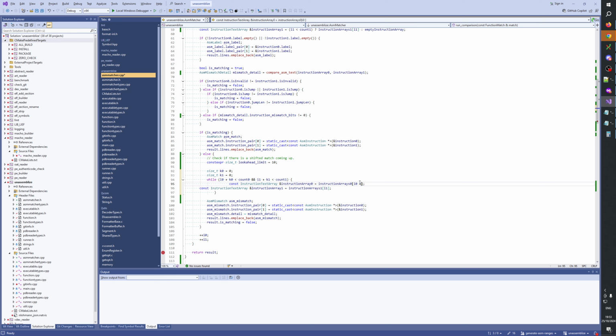Oof, this is getting complicated here. Okay, so I think we need K0 and here K1.